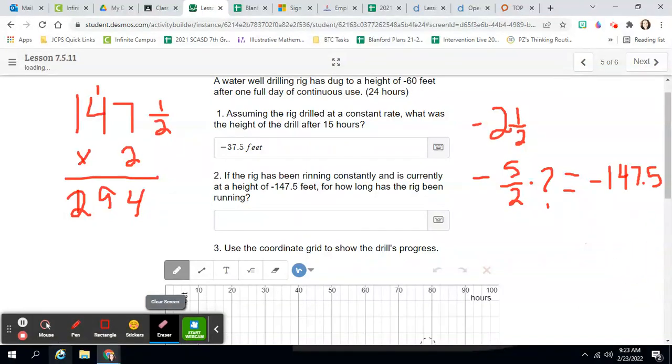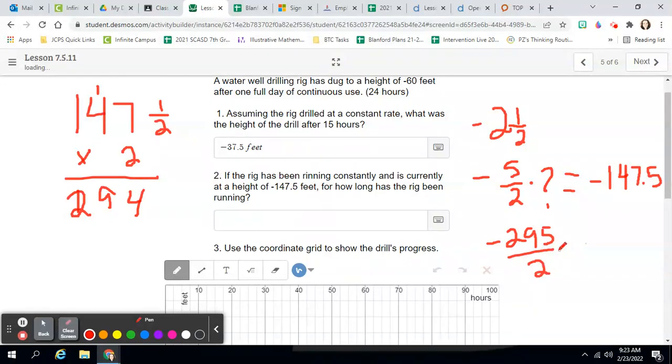And we're going to divide it by negative 5 halves. So we said negative 295 halves divided by negative 5 halves.